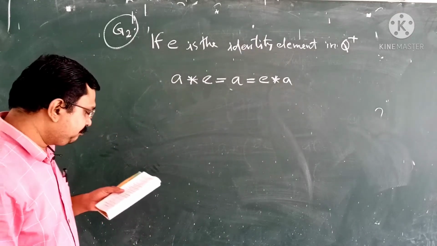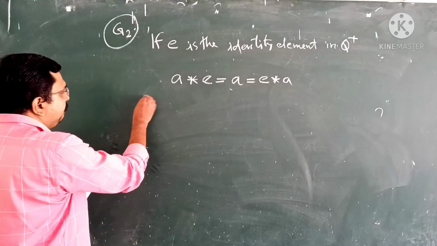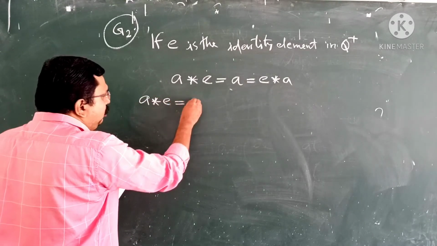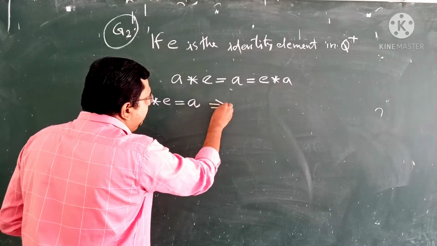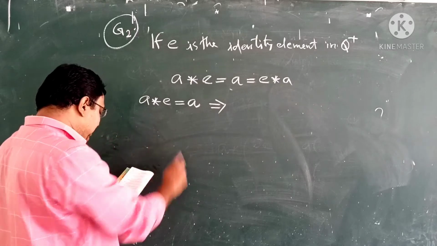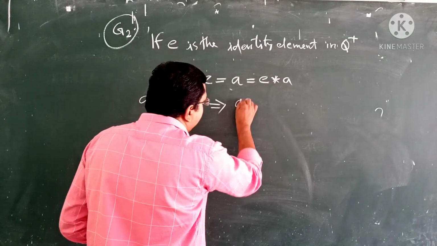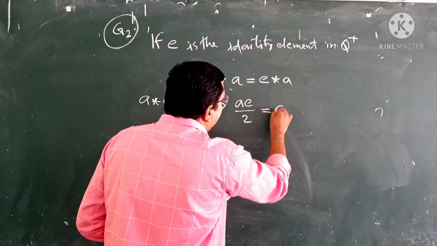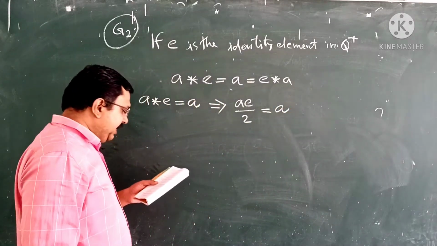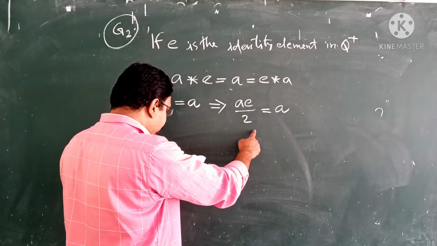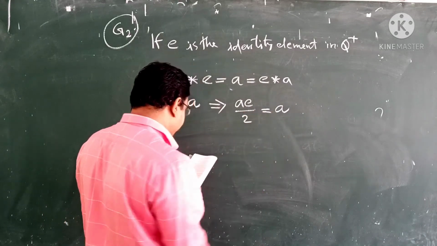Now we know that A star E equal to A, which implies what is A star E? A star E is AE by 2, that is equal to A.